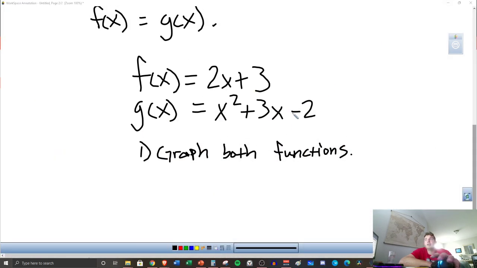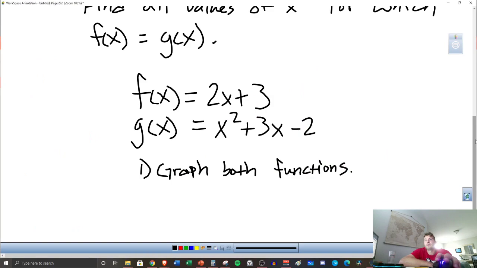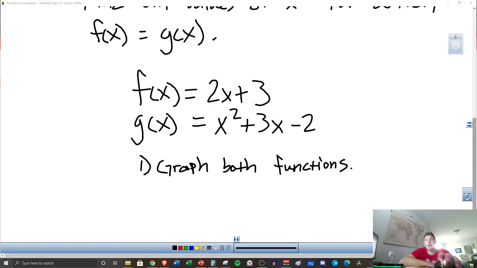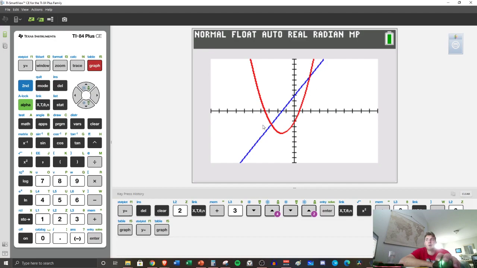And now the note that I wrote was this: on a graph, it's the x values where they intersect. Okay, that's what we're looking for. So we have the intersections, but what are the x values where that's happening? Now I don't want you to just guess, like this one looks like 2, and it probably is 2. This one is close to 3, but we're not really sure.